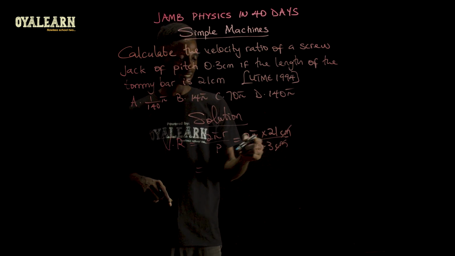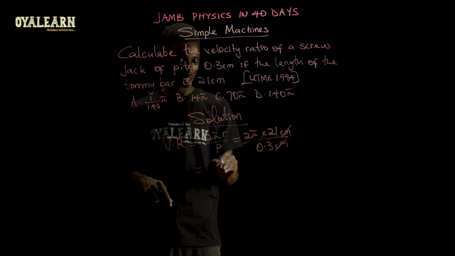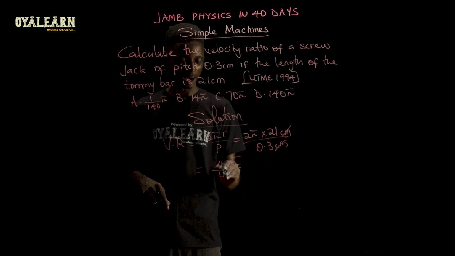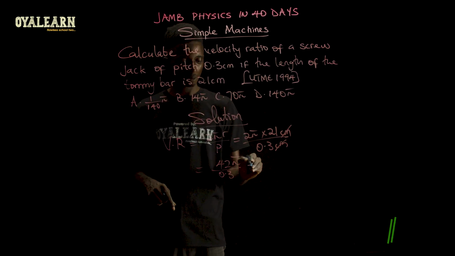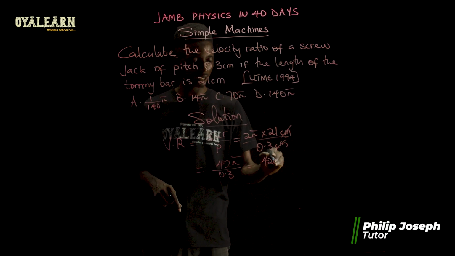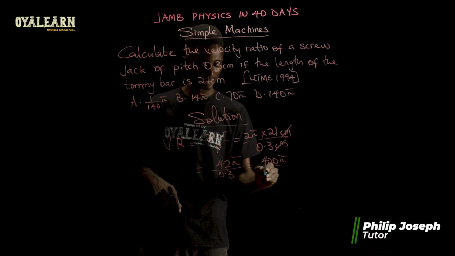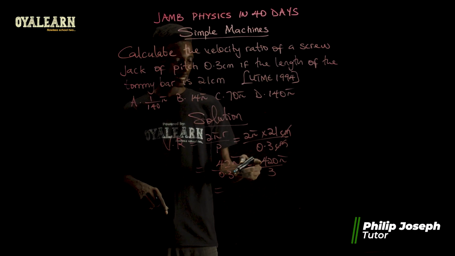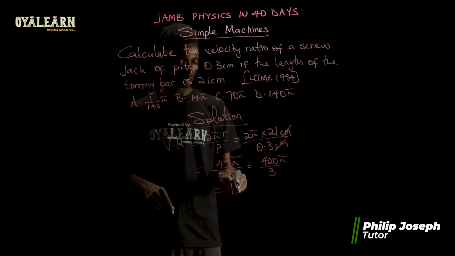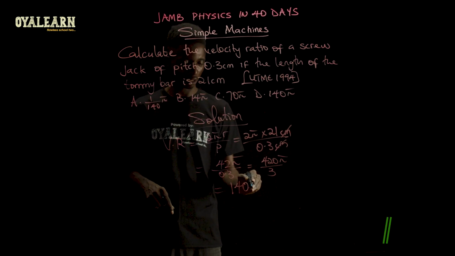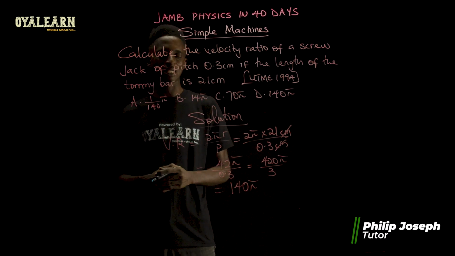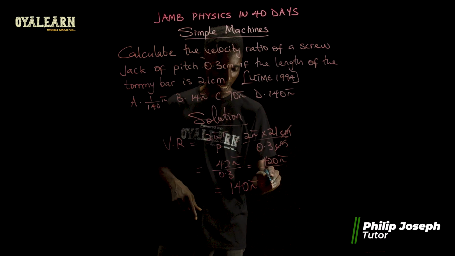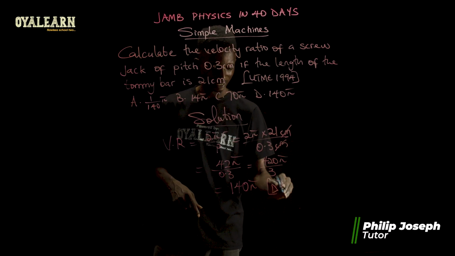What we have here now is 2 times 21, that's 42 pi divided by 0.3, which is basically the same thing as saying 420 pi divided by 3. Now, what does this give us? 3 in 4, that is 1, remember 1. In 12, that is 4. In 0 is 0. So 140 pi, which is what we have in option D.